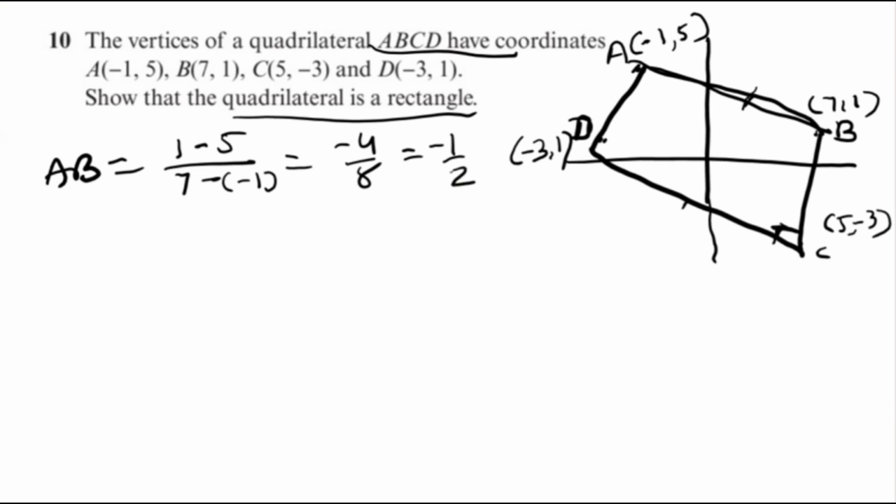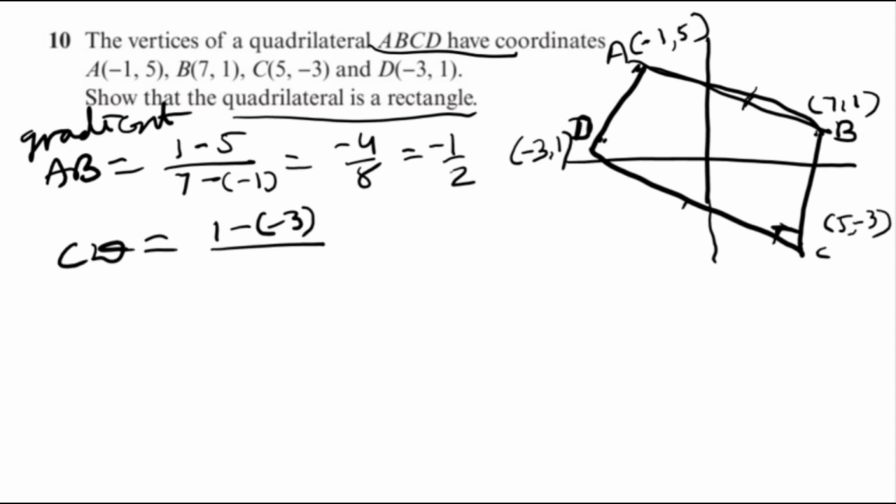Now I will find the gradient of CD, as you can see, the opposite side is CD. I know the coordinates of C and D. So 1 minus minus 3 over minus 3 minus 5. That will give me 4 over minus 8, which also gives minus half. As you can see, both lines have the same gradient. So I can say the opposite sides are parallel.